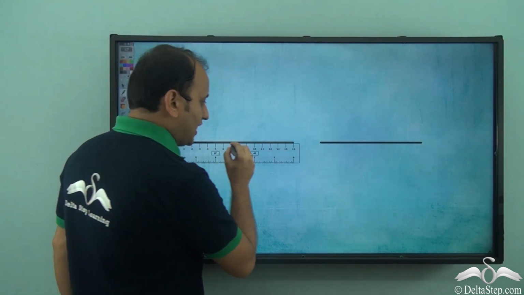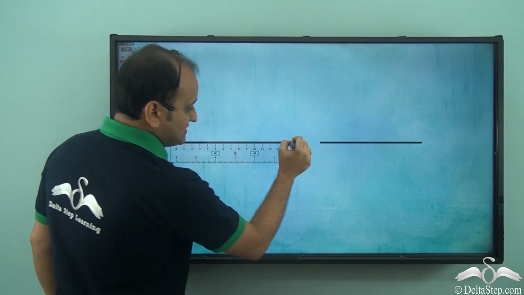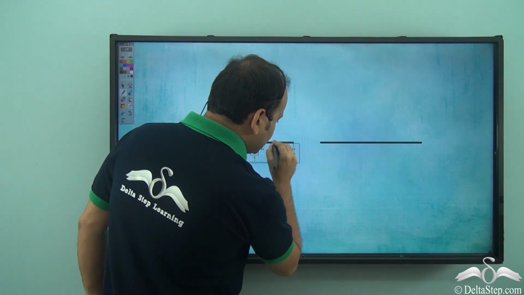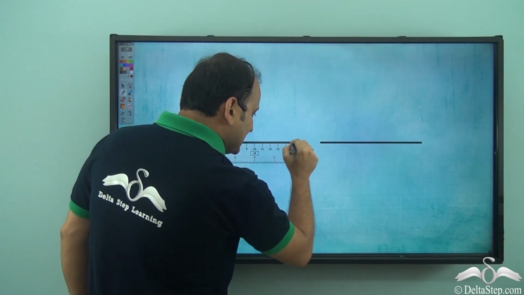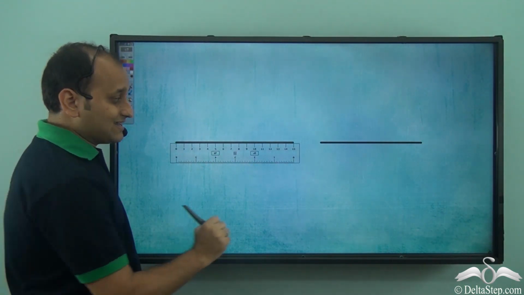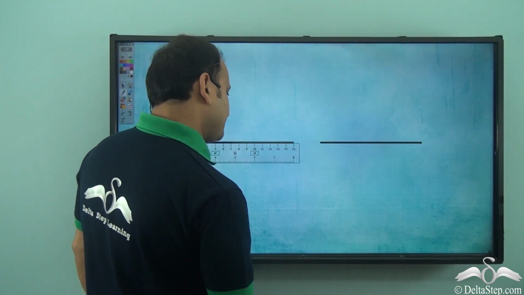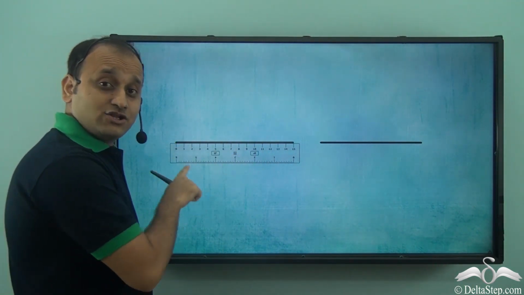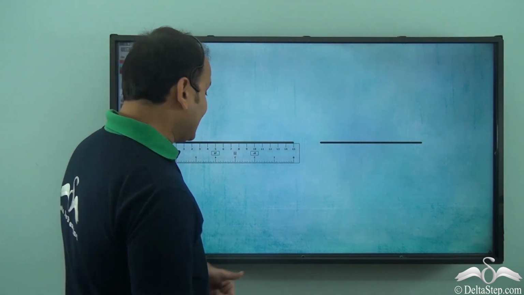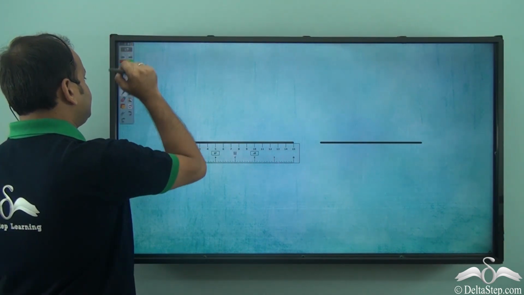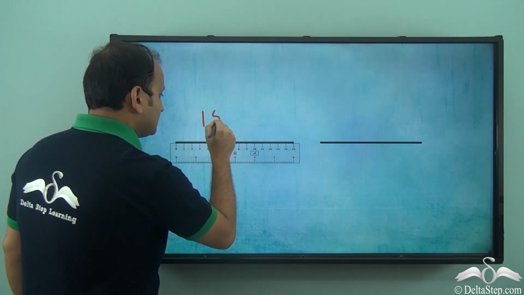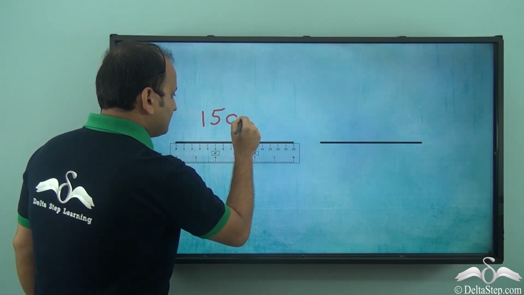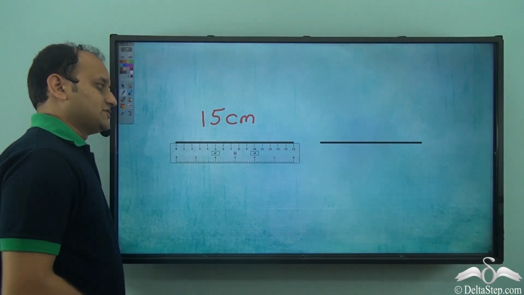Now we move to the other end, and what do we see? We see that the other end matches exactly with 15th division on the ruler, that is 15 centimeter. So what is the length of this particular line segment? It's 15 centimeter.